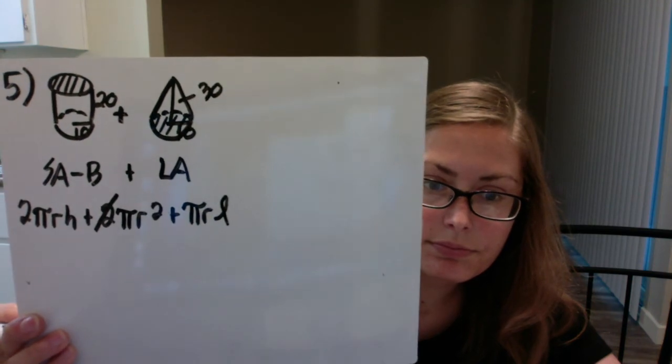So we have 2 pi RH plus, it should be 2 pi r squared, but remember we get rid of that 2, plus pi r L. Filling in our information, we have 2 pi times 10 times 20 plus pi times 10 squared plus pi times 10 times L. We need to find what L is.